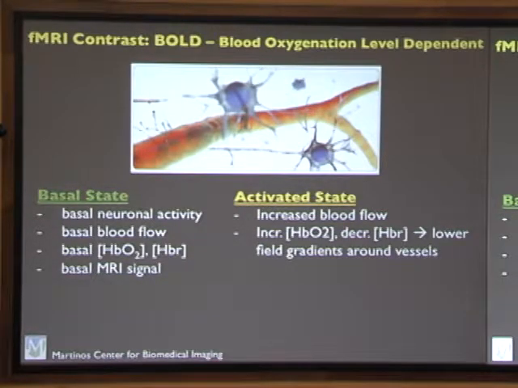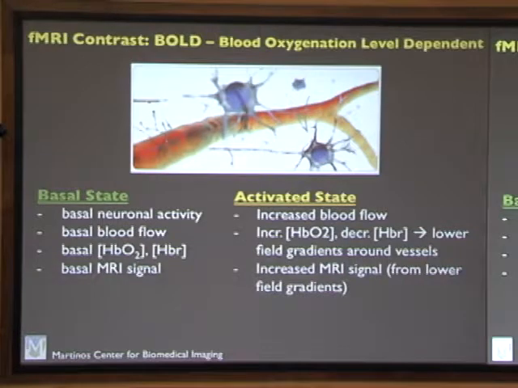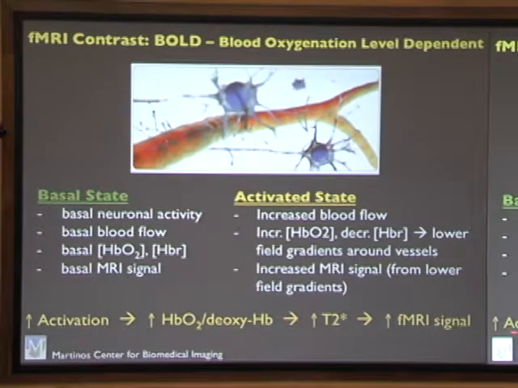This decrease in deoxygenated hemoglobin is the important part of this contrast mechanism because it lowers the localized MR field gradients, magnetic resonance field gradients, around these blood vessels, and that in turn increases the MRI signal. To summarize, an increase in activation leads to an increase in the ratio of oxygenated to deoxygenated hemoglobin, which then leads to an increase in an MR parameter called T2 star, and that increases the MRI signal.